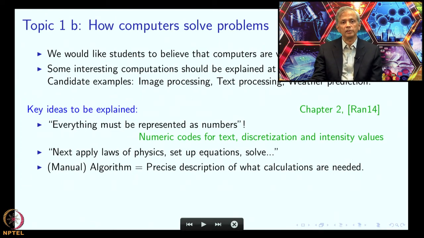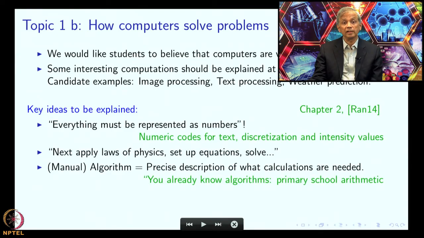Here we should give an introduction to what the term algorithm means, and not only that, we should say that you really know algorithms. Right then, in the very first or second lecture I suppose, we should tell the students that this is what an algorithm is and that you already know algorithms. Primary school arithmetic is nothing but an algorithm.